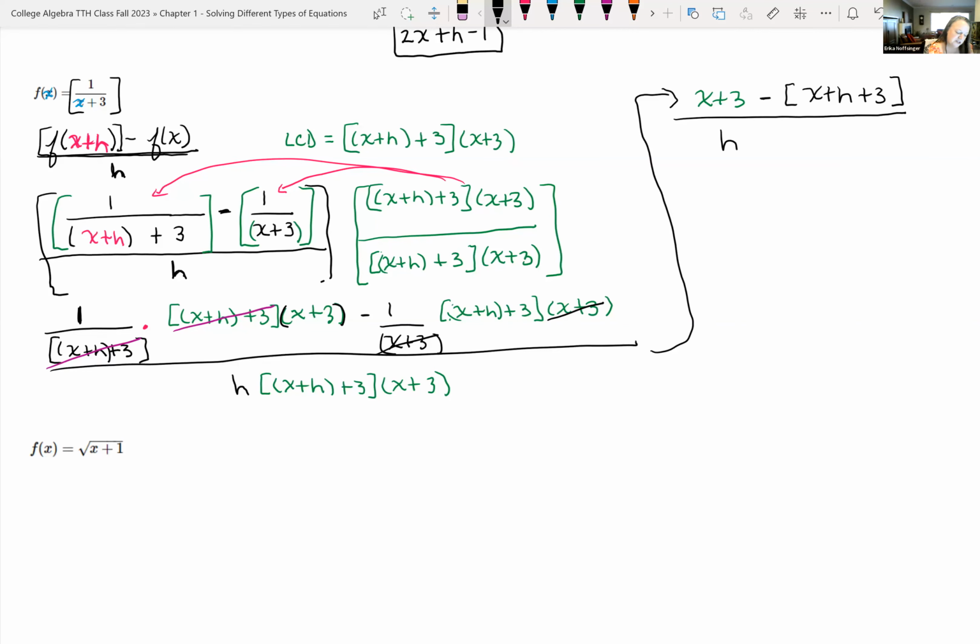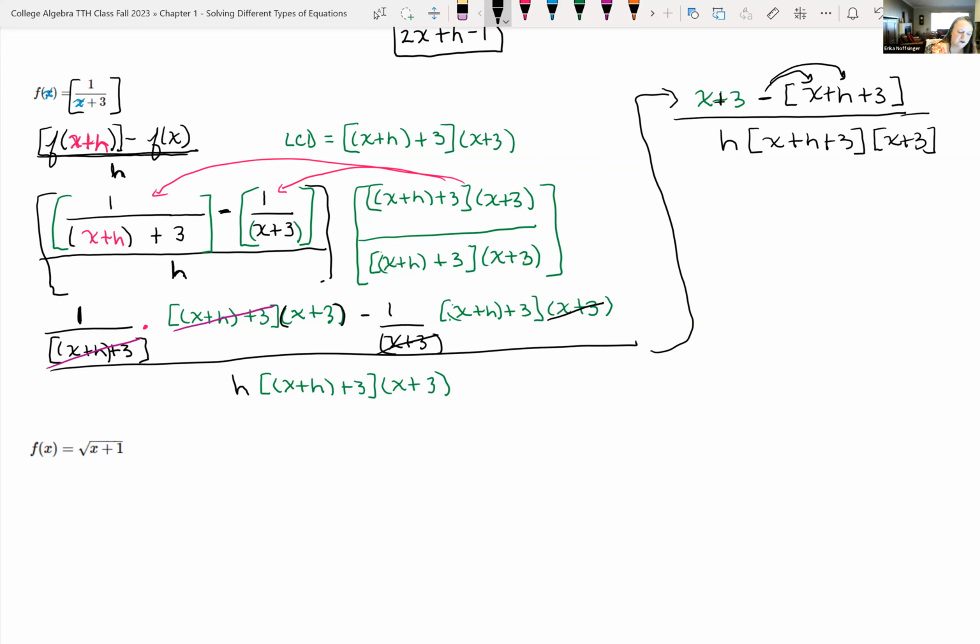Let's just keep our denominator. Let's not distribute out. So all over x plus h plus 3 times x plus 3. Because of this minus in here, we can't simplify, and the plus either. These are not like terms in the numerator with the denominator.